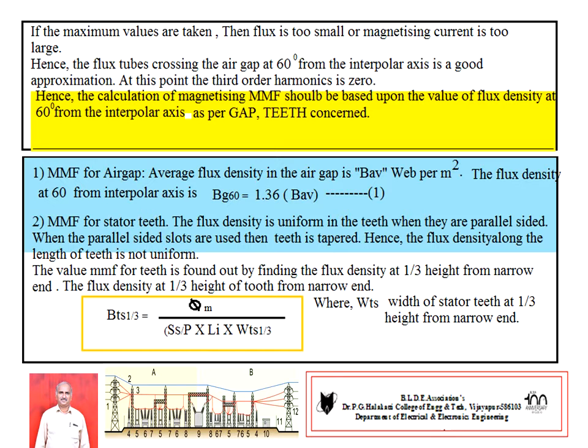So at 60 degrees from the interpolar axis, even though third harmonic may be present, it becomes 0. Therefore it is a good approximation.